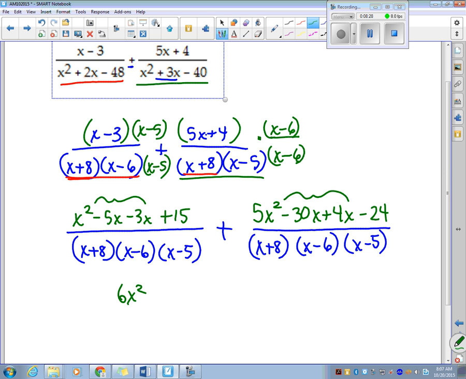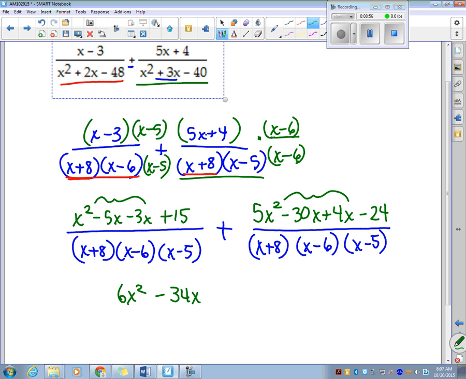You guys check me, am I right? No, because it's negative. I want negative and negative, so that's negative 8x. So that's negative 38x plus 4. So it's negative 34x, thank you. And then 15 and negative 24 is negative 9.